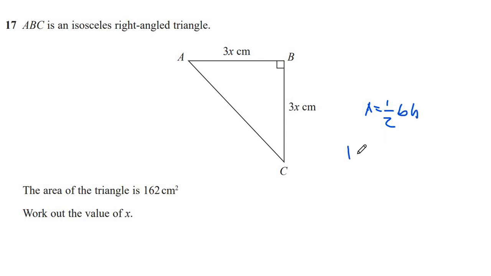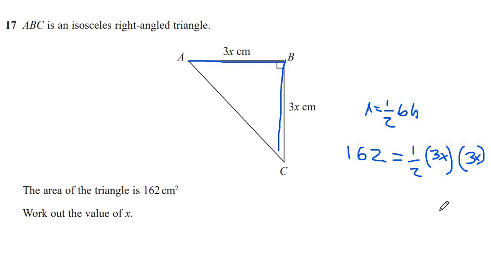So the area given is 162. That is equal to half times the base. So this is going to be the base and this is going to be the height. So half base times height is 3x as well.